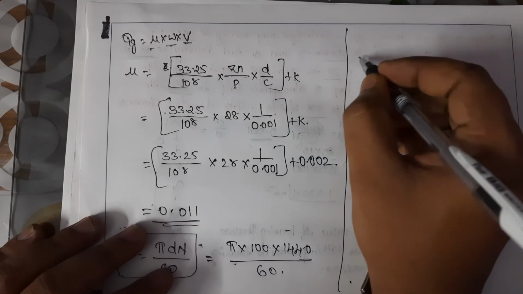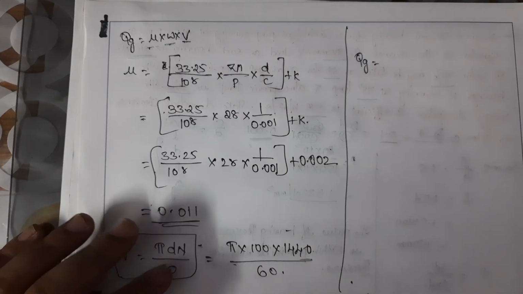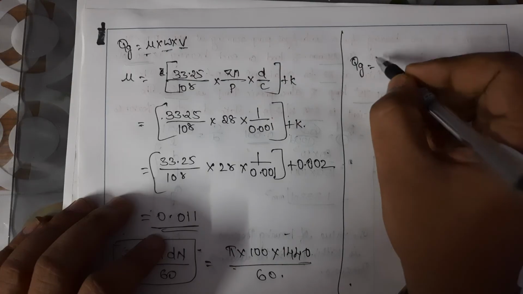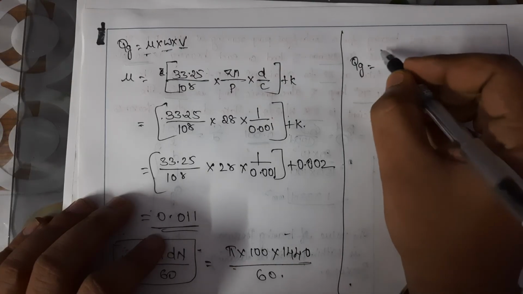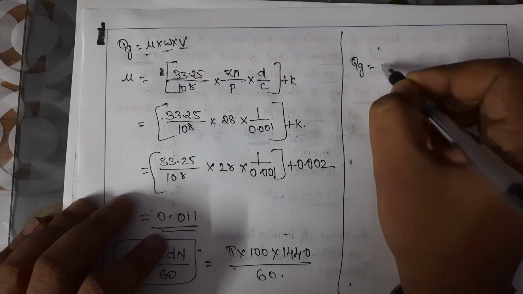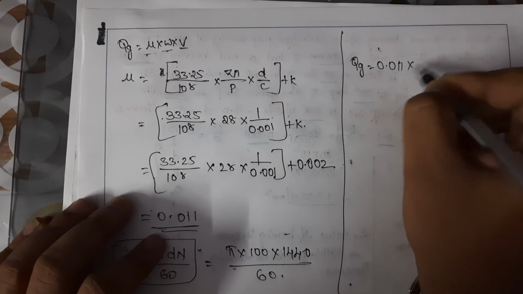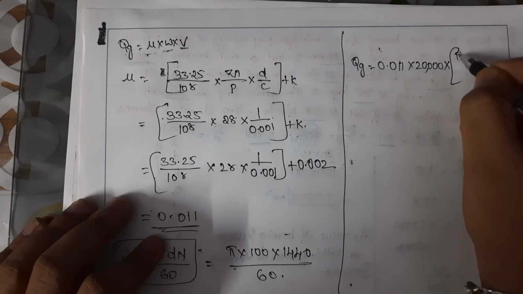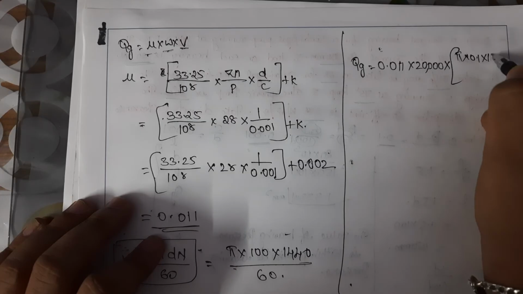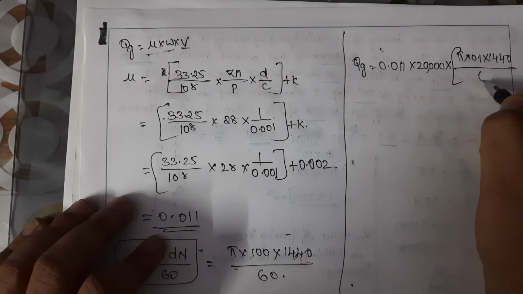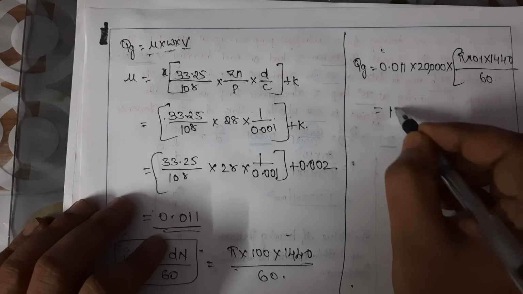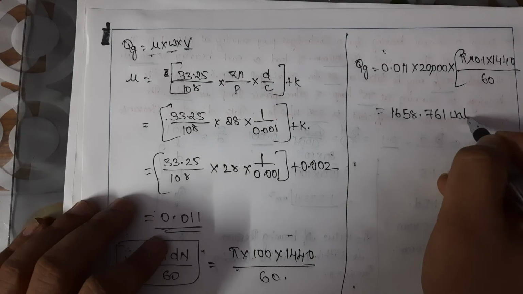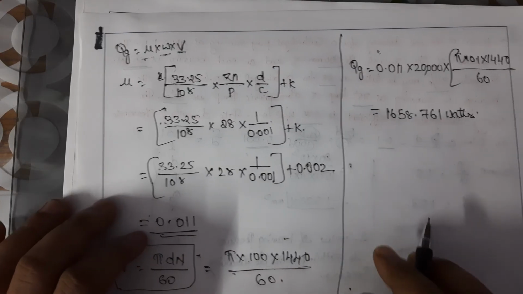Okay, so the Qg is equal to, for conversion of units into watts, just substitute the values as 0.011 into 20 into pi into 0.1 into 1440 by 60. So we can get the value of around 1658.61 watts. The heat generated will be in watts.